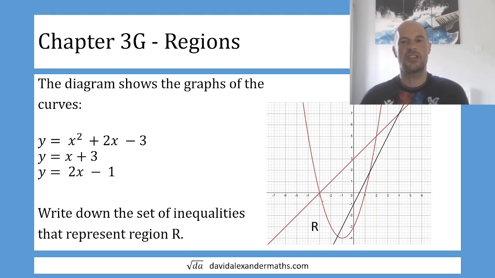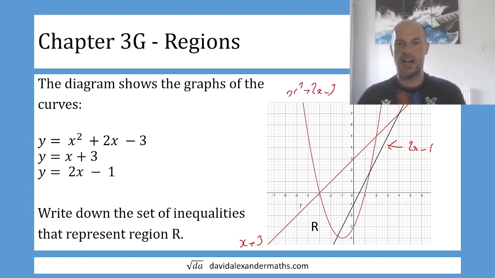Okay, so this is just the same as the previous question, except R is different. So R, let's just label the lines again. This is x plus 3. This one here is the 2x take away 1. And this is the x squared plus 2x minus 3. So R is underneath the line x plus 3. So therefore y is less than or equal to x plus 3.